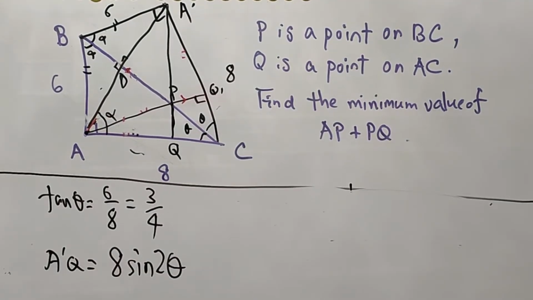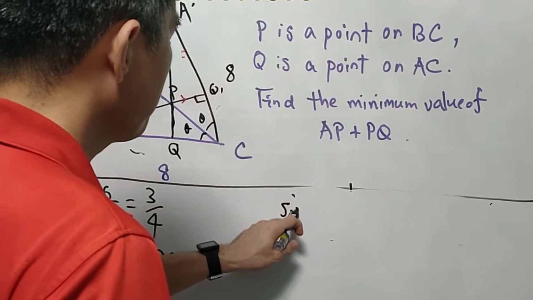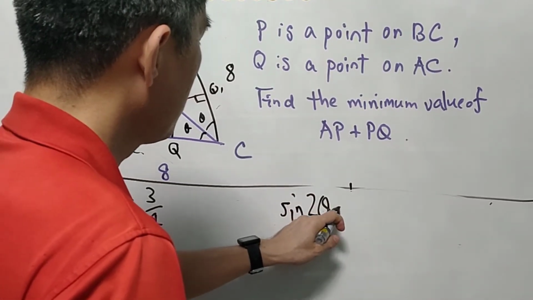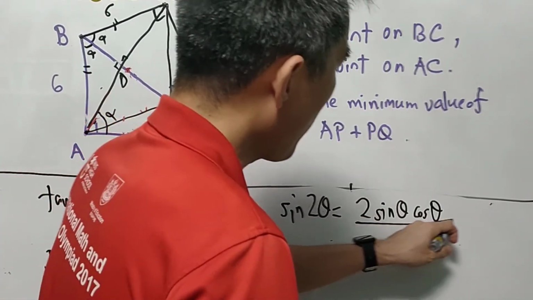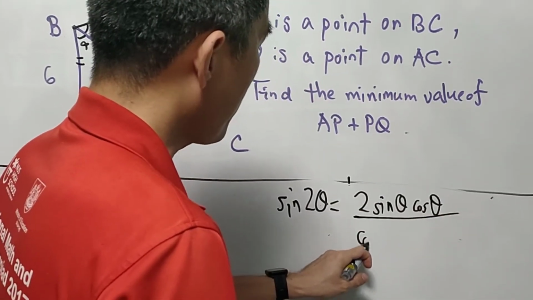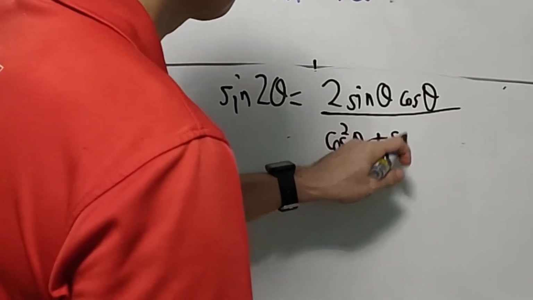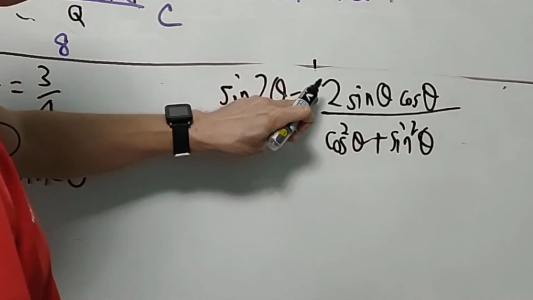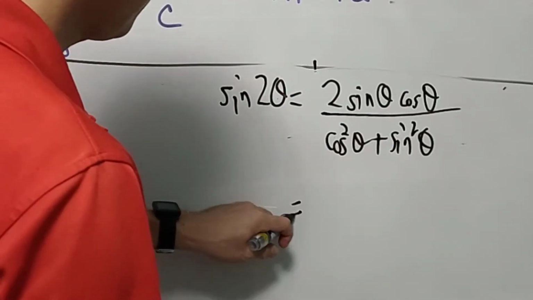Now let us recall the formula for sine 2 theta in tangent theta. Sine 2 theta equals 2 sine cos. And since this is divided by 1, we can just divide by cos square plus sine square. And now we divide both numerator and denominator by cosine square.